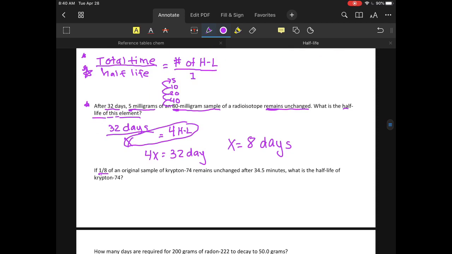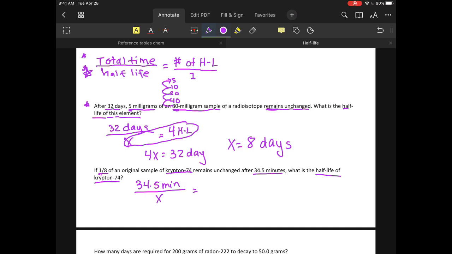If 1/8 of an original sample of krypton-74 remains unchanged after 34.5 minutes, what is the half-life of krypton-74? Okay, total time is 34.5 minutes over the half-life of krypton, which is what I want.